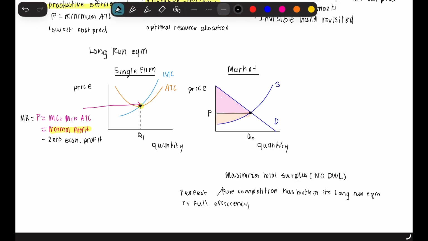So that means you are at efficient scale, and also your market is stable. And that means there is no incentive for entry or exit. So essentially everybody's just going to stay.